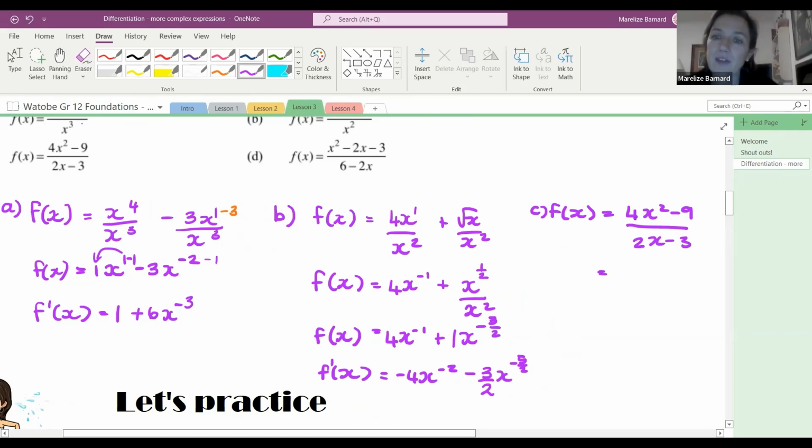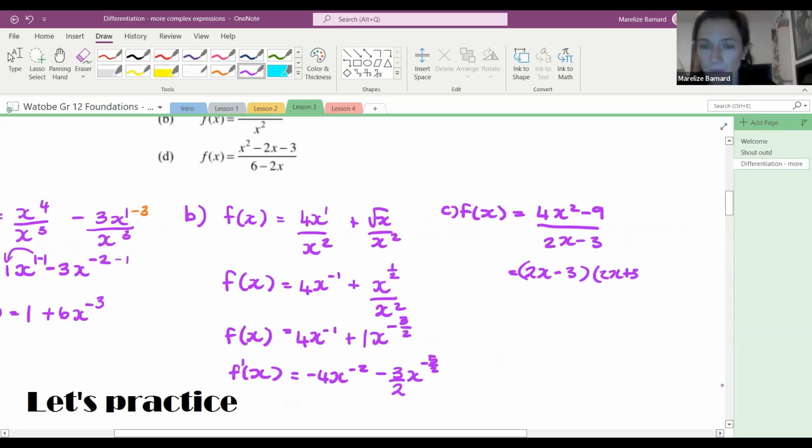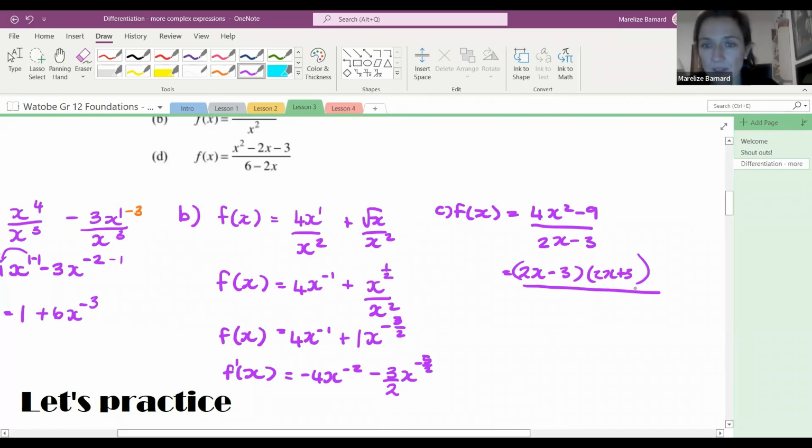Then we can factorize 4x squared minus 9. So it's 2x minus 3 and 2x plus 3 over 2x minus 3. And those two brackets are the same.